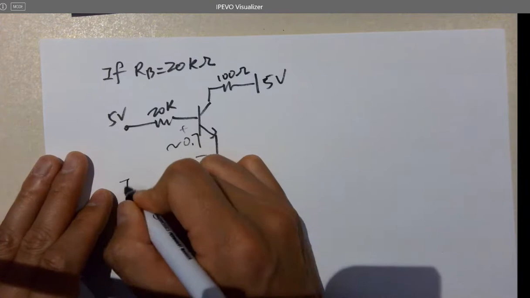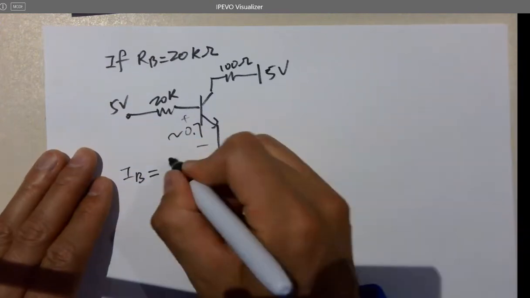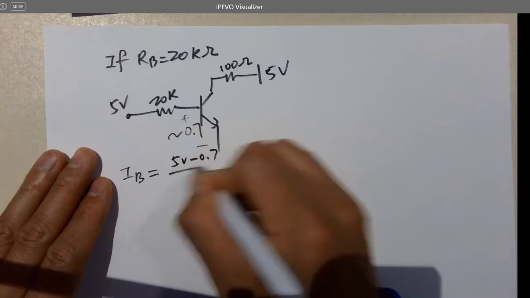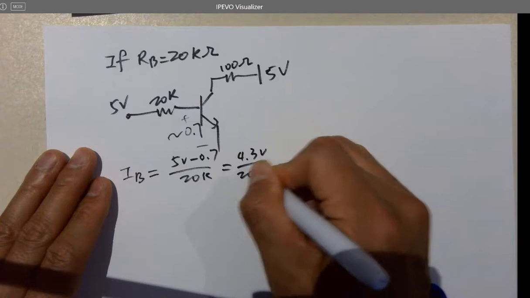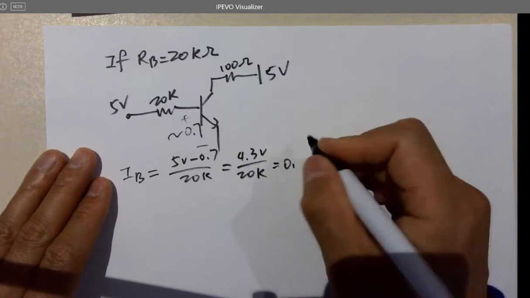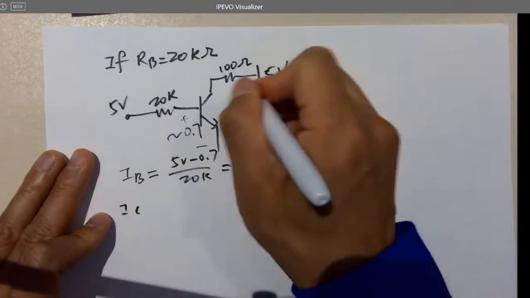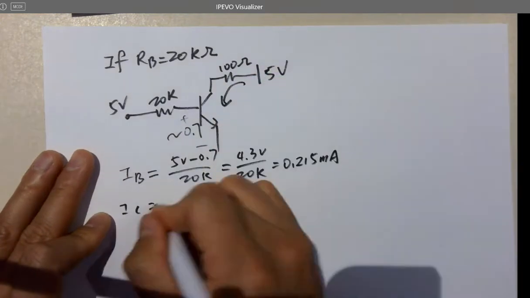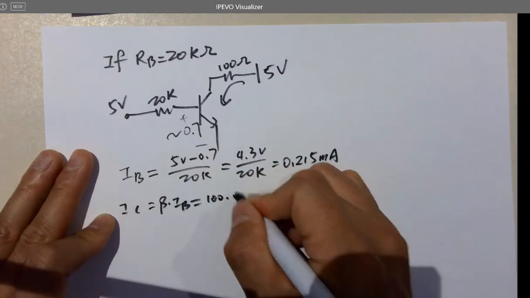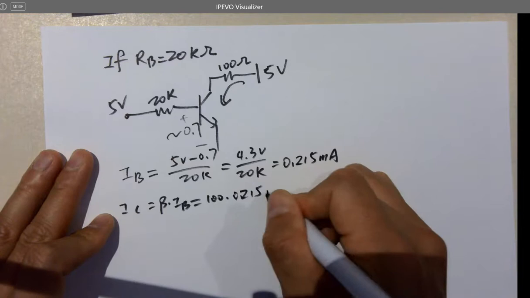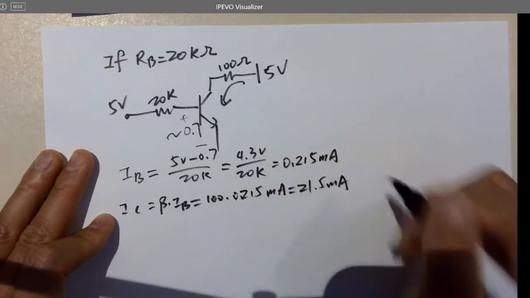So IB equals what? 5 volts minus 0.7 over 20K, which is 4.3 volts over 20K, which is 0.215 milliamps. And IC, the current flowing through here, equals beta times IB, which is 100 times 0.215 milliamps, which is 21.5 milliamps.